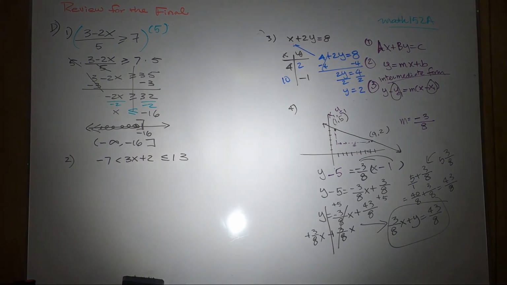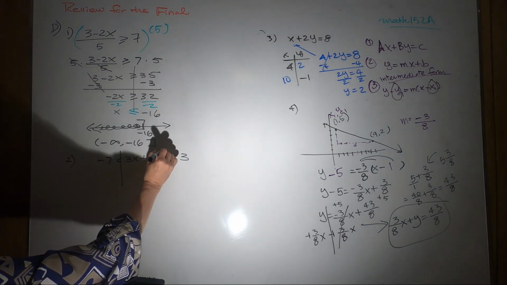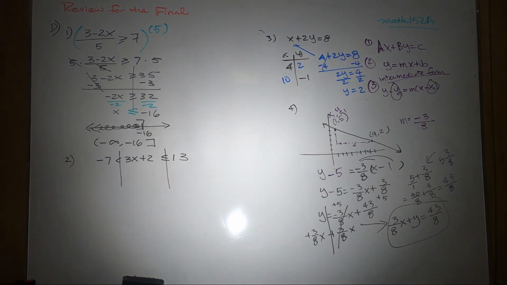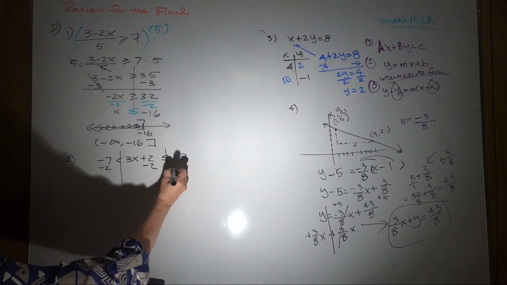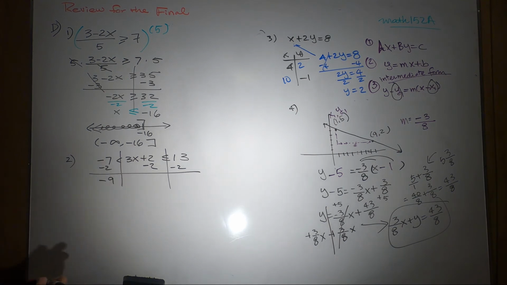So this one has more than one inequality sign, then we have 3 parts. Same thing, if you do one part, you do all parts, right? So get x by itself. Usually you leave x in the middle. So we subtract 2, right? That would be negative 9.